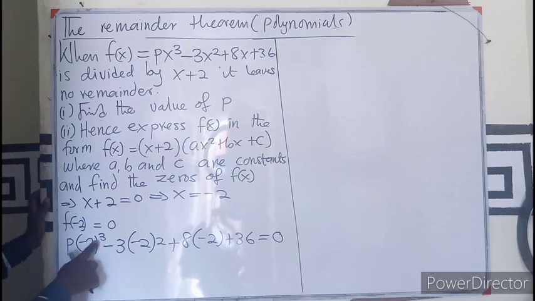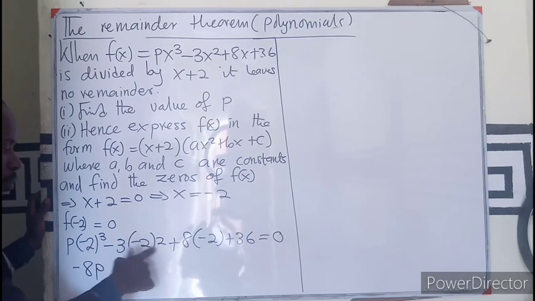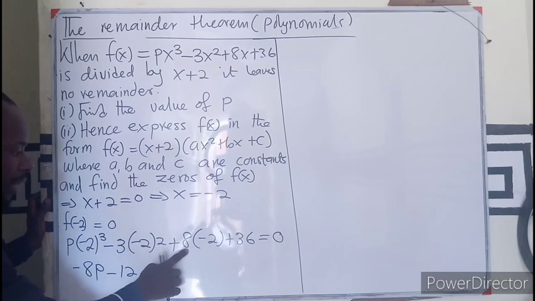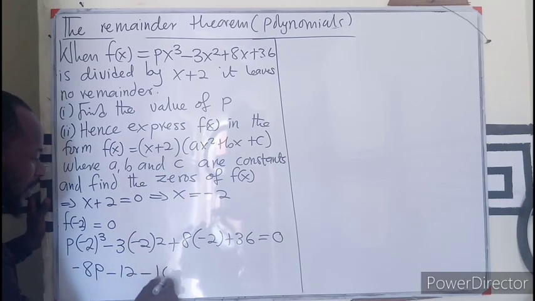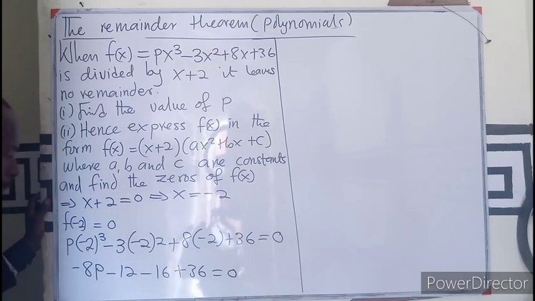This is going to be a power which is an odd number, so I'll have a negative answer. So negative 8p. This is negative 2 squared, positive, so positive 4 times negative 3 will be negative 12. Negative 2 times 8 is negative 16, plus 36 equals 0.